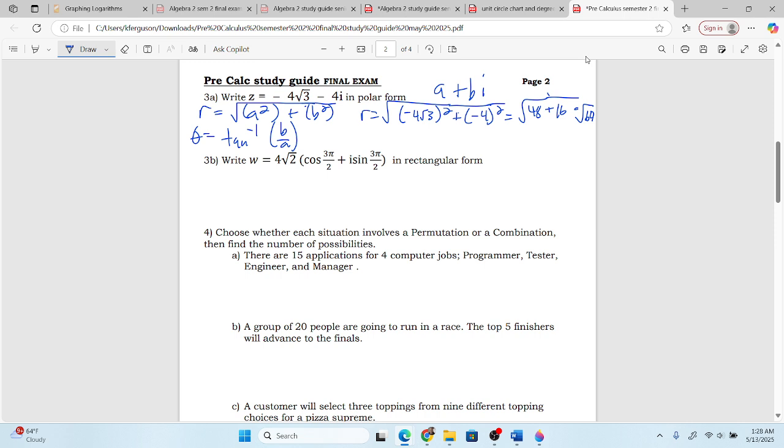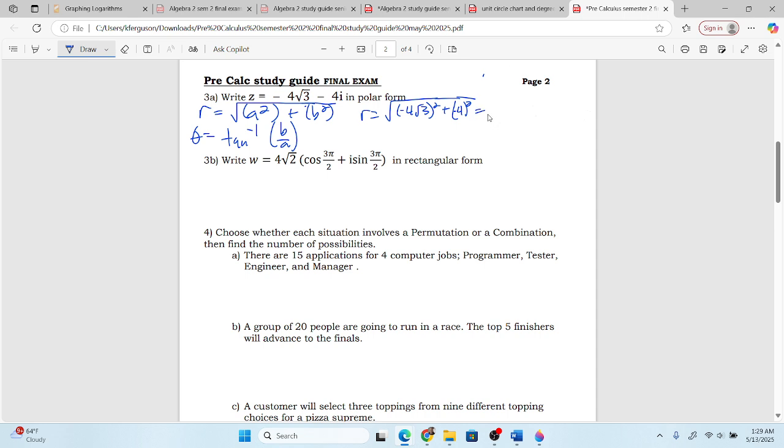Excuse me. I ran out of room, so let's rewrite this. So negative 4 square root of 3 squared plus negative 4 squared.